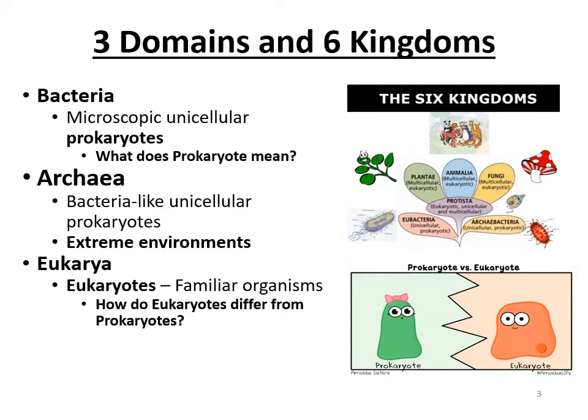Bacteria and archaea are both prokaryotic, whereas eukarya, of course, are eukaryotic. And we just reminded you what exactly prokaryotic means: bacteria and archaea do not have nuclei and do not have internal membranes.